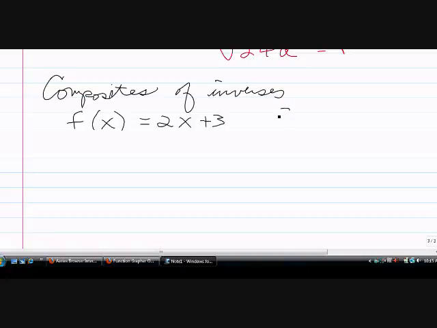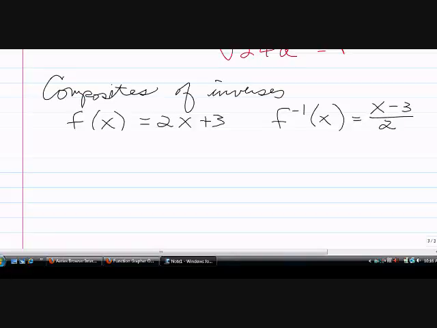Can anybody do the inverse to this one in your head? Subtract 3, divide by 2. There's its inverse. If you couldn't do that one in your head, it's okay to work through the steps.